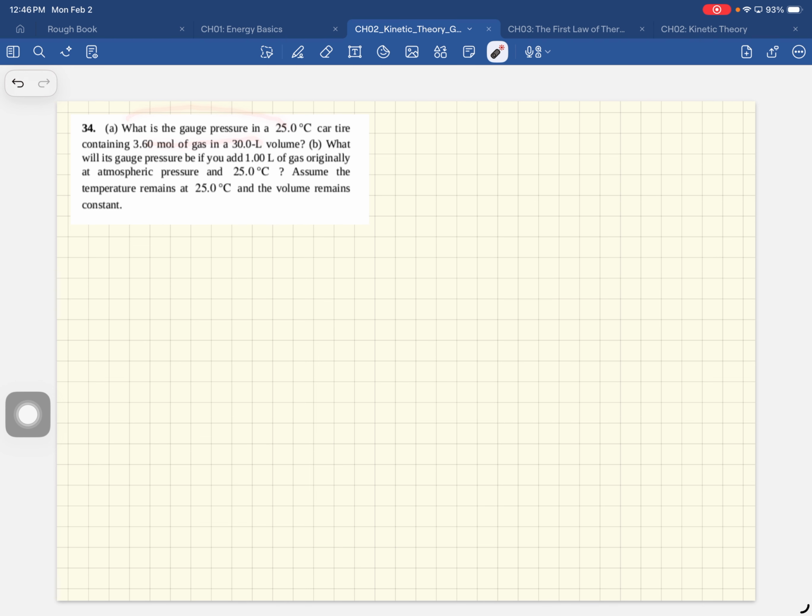Okay, so P equals nRT over V. This formula gives you absolute pressure. So 3.6 moles. R is 8.314 joules per mole per Kelvin, and the temperature is 298 degrees Kelvin, divided by 30 liters. A liter is 10 to the minus 3 meter cube.